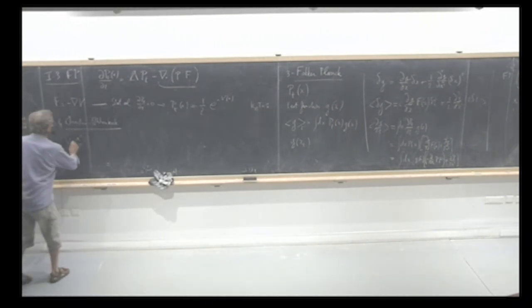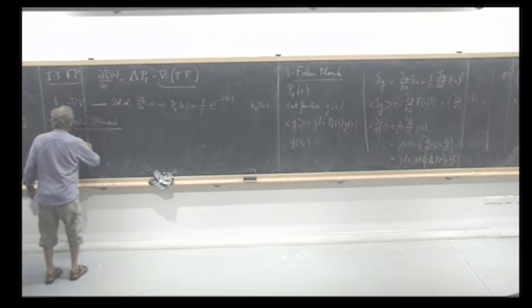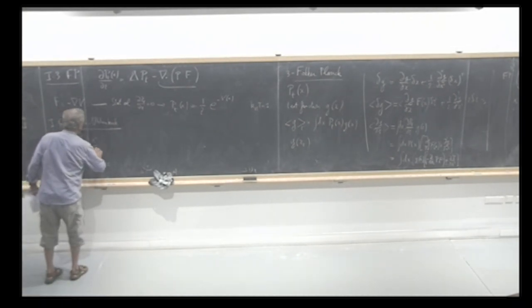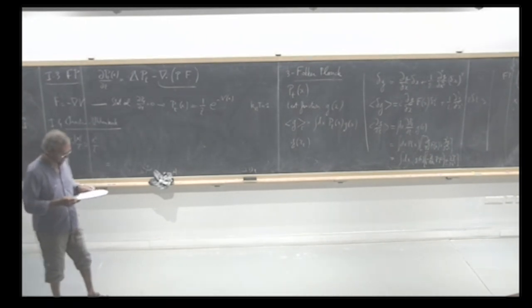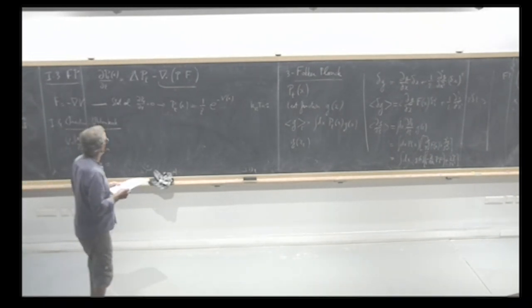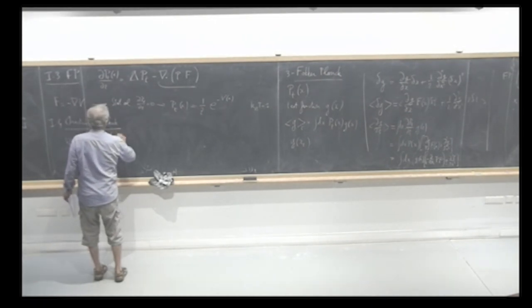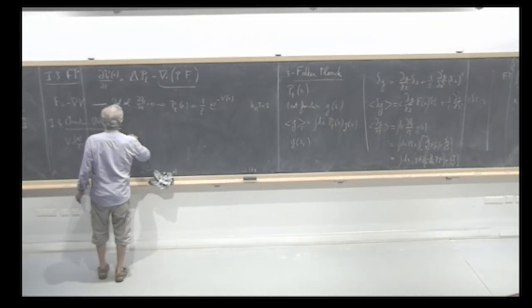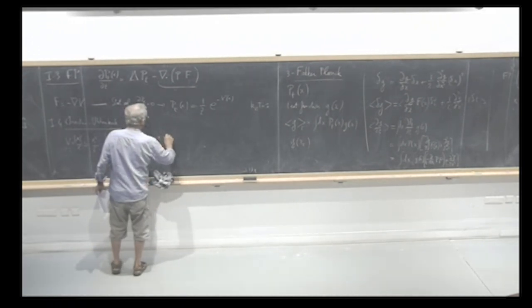I will also write it as x squared over 2, using simpler notations. So it means that the Langevin equation is x dot equals minus x plus eta of t.